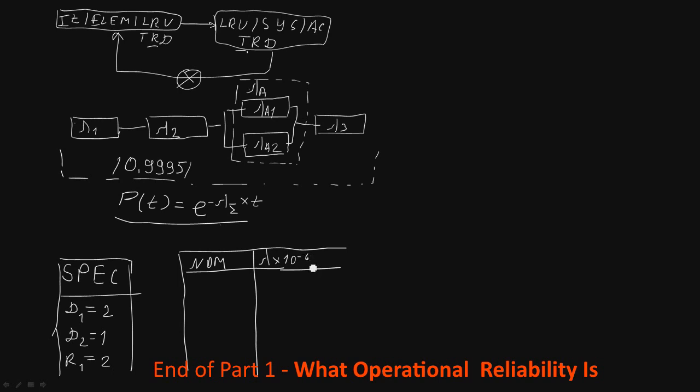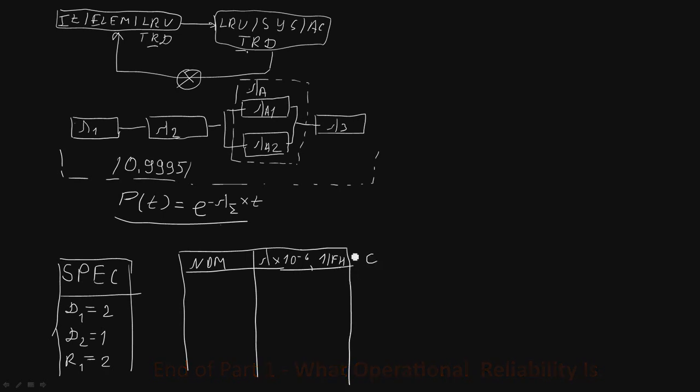Again, as I said, the numbers are from my head. And 1 over flight hours. Okay, and what we also have, we have C, which is cost.